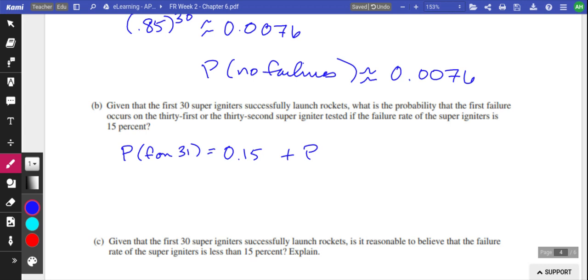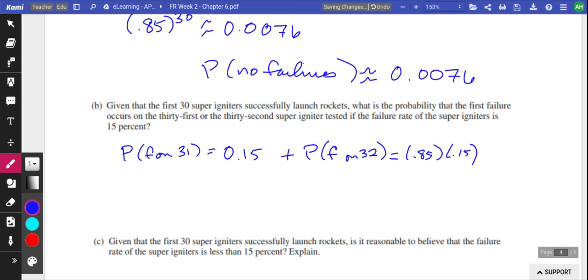So the probability of a failure on 32 is going to be the 0.85, the fact that everything went okay the first time, and it failed the second time.